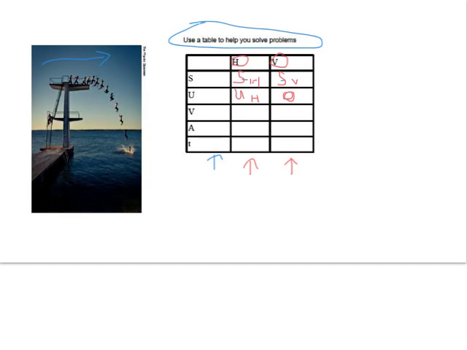Now let's look at the velocity columns. What is the final horizontal velocity? Well, there is no acceleration, so the final horizontal velocity would be the same as the initial horizontal velocity. So that's a very important point. Your final vertical, we're going to call that v. Okay, we don't know.